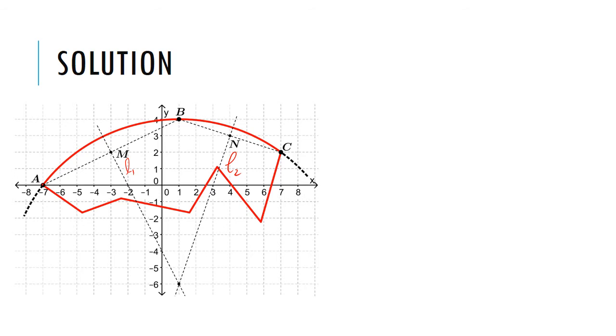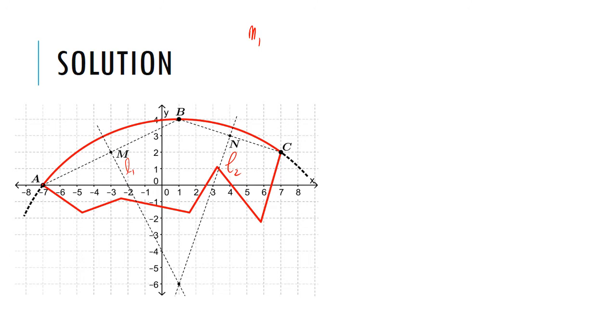Since L1 is a perpendicular bisector of AB, what can we say about their slopes? The slopes of two perpendicular lines are negative reciprocals, right?